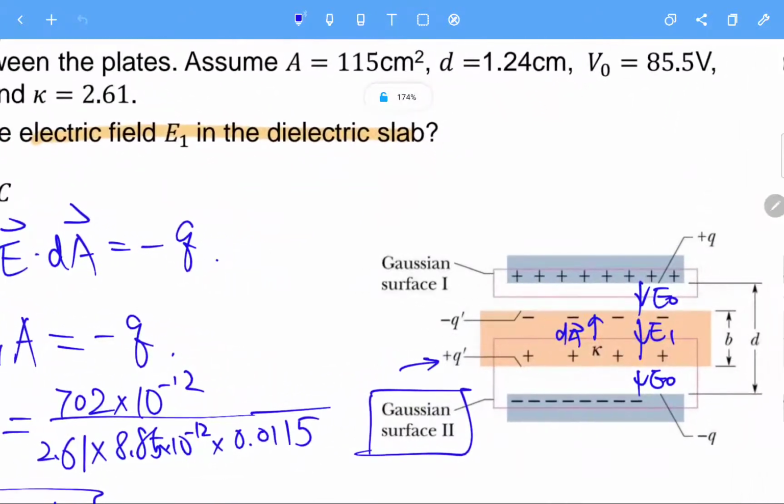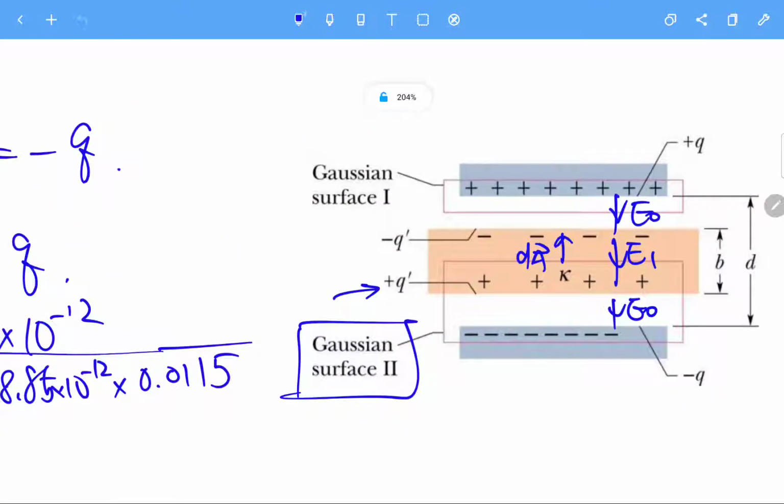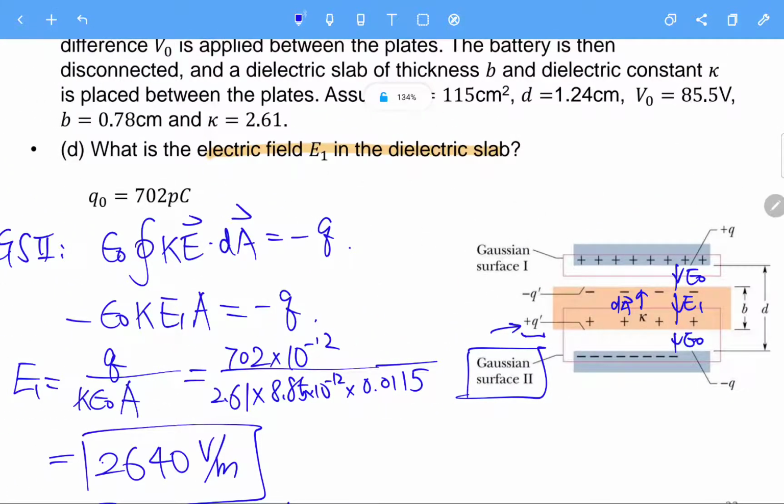So maybe I have a little bit more comment about this plus Q prime. This is a tricky question, somehow a very hardcore physics problem. You may ask why we don't include a plus Q prime here.